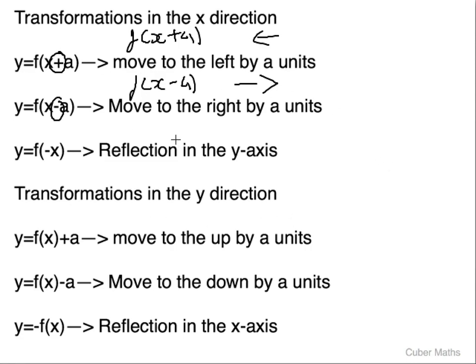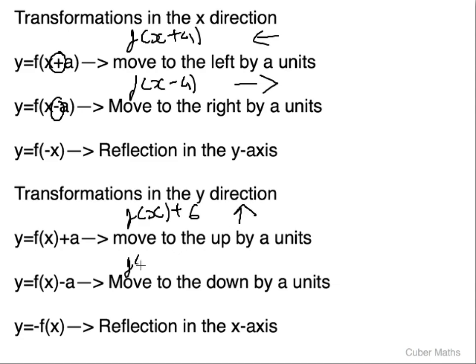And then when we reflect it in the y-axis, anything that says f and then minus x in the brackets is reflecting in the y-axis. Then if we look at our transformations in the y direction, they're always outside the bracket, and they do what you'd expect. So when it says y = f(x) + a, for example, if you had f(x) + 6, that's going to move 6 units up.